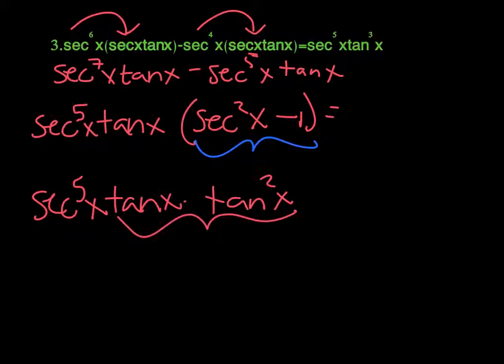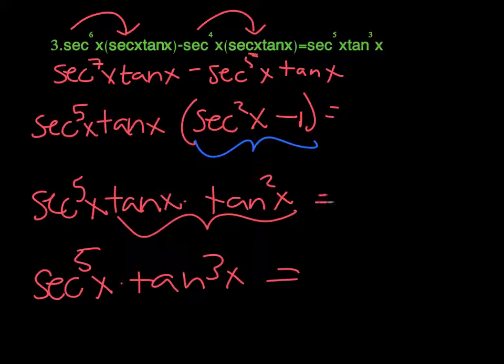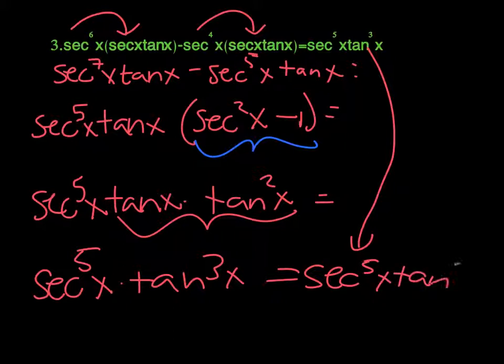And then your secant to the 5th is now multiplied by tangent cubed, which equals your secant to the 5th tangent cubed. So your goal is just to make them match.